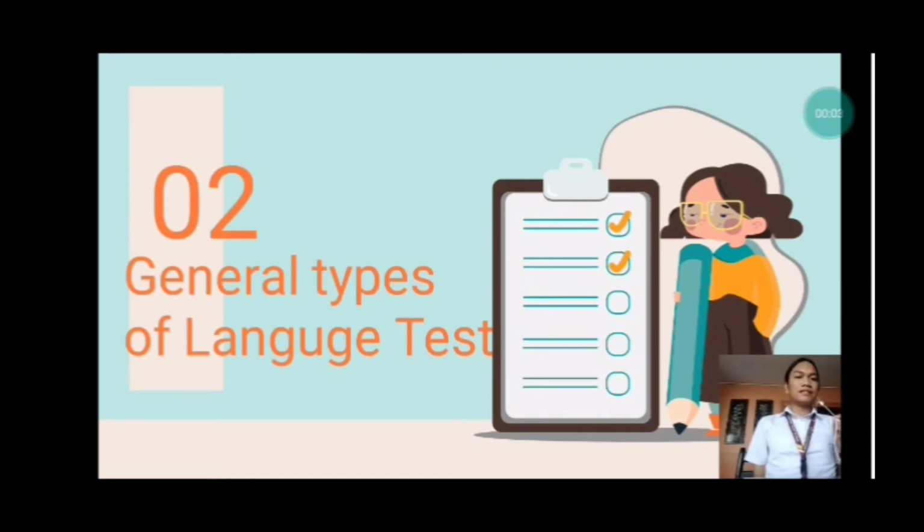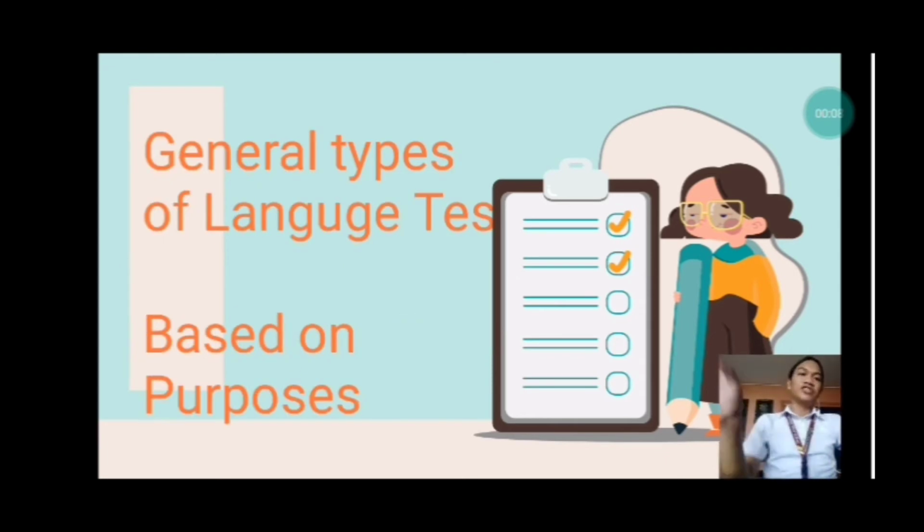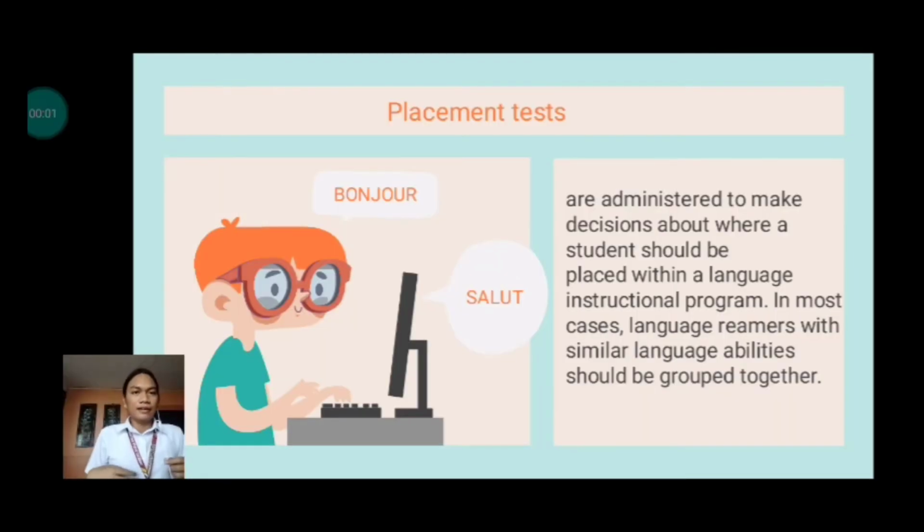The second topic is general types of language tests. General types of language tests based on purposes. The first one is the placement tests. Placement tests are administered to make decisions about where a student should be placed within a language instructional program. In most cases, language learners with similar language ability should be grouped together.